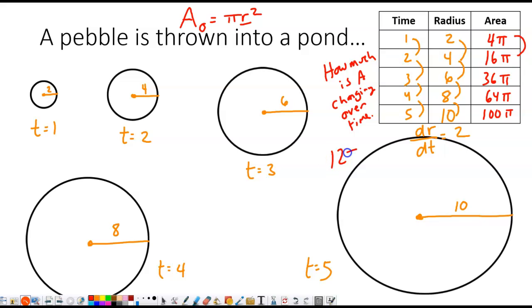So the area increased by 12 pi. And that took 1 second. So the rate of change of A with respect to T is about 12 pi square centimeters. Remember, area is measured in square units. So the area increased by 12 pi square centimeters in 1 second.